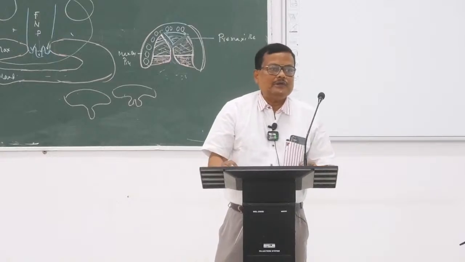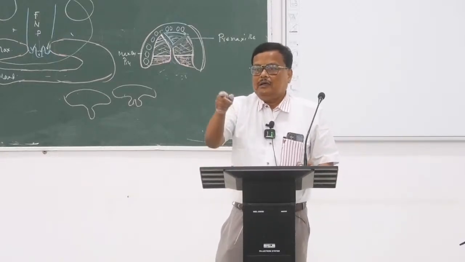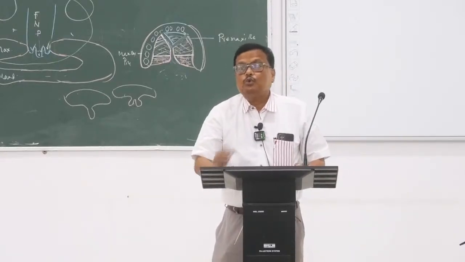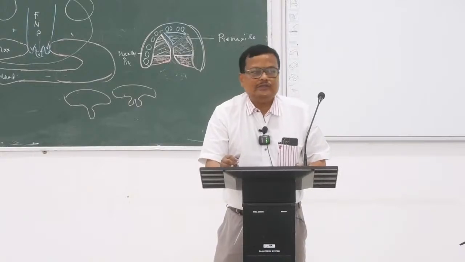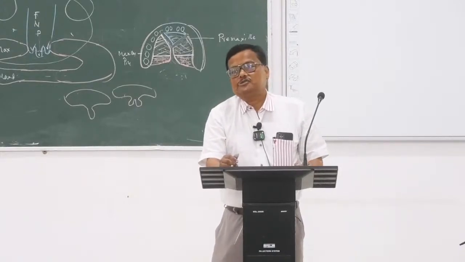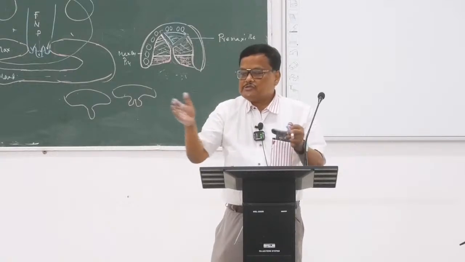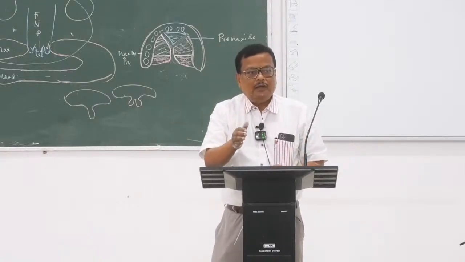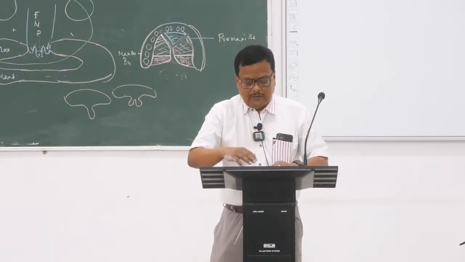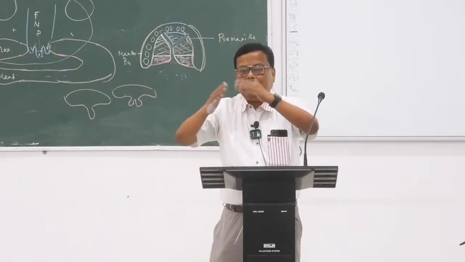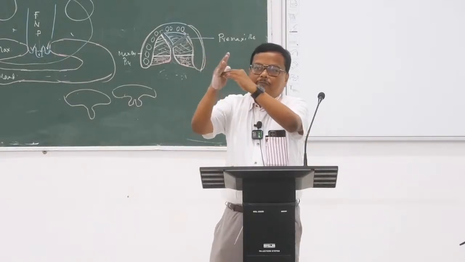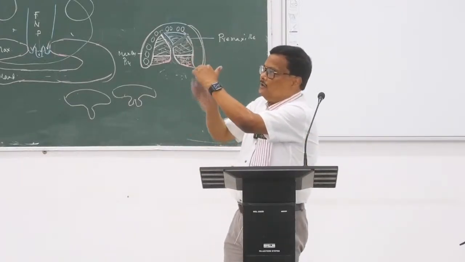What is the danger? What is the main function of the palate? Last class I told you, to close the nasopharyngeal or pharyngeal isthmus. From the nasopharynx to the oropharynx, the Passavant's ridge comes forward and levator veli palatini moves the palate up, and Passavant's ridge comes forward so that it closes.